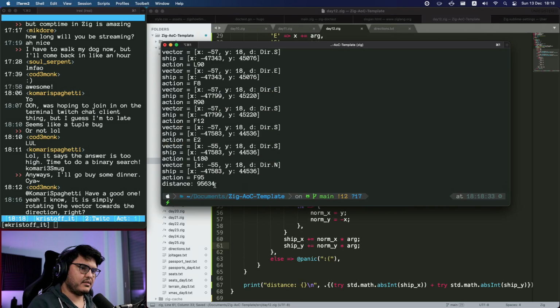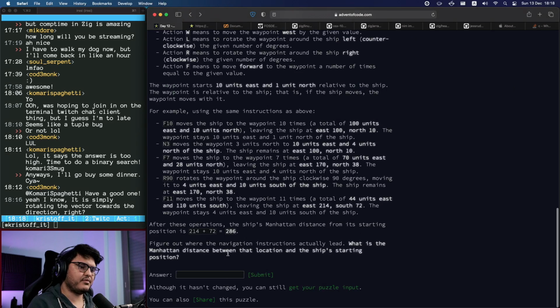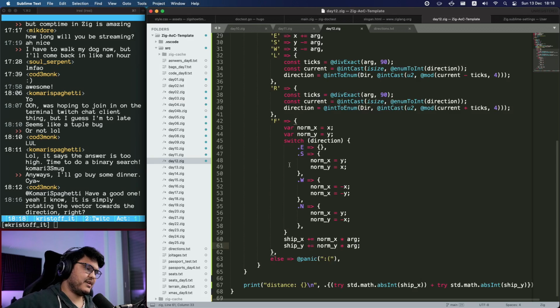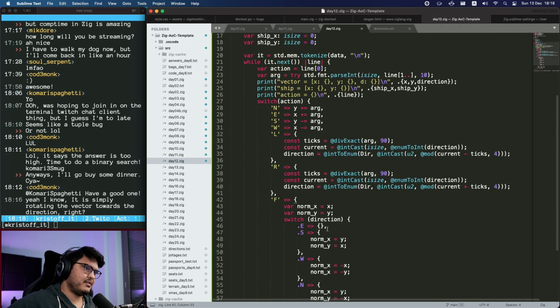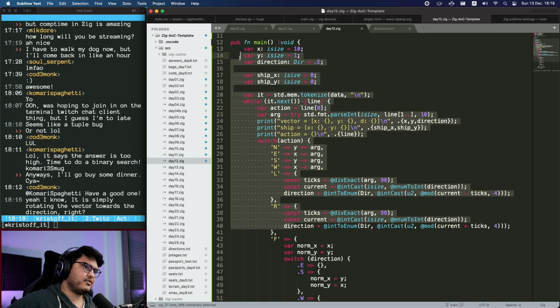Okay. Yes, smaller number, which seems compatible with what this was saying. So boom. Ouch! Answer is too high. What did I do wrong? So I think this code is correct. I don't think this code needs changing because that's what we were doing also before.